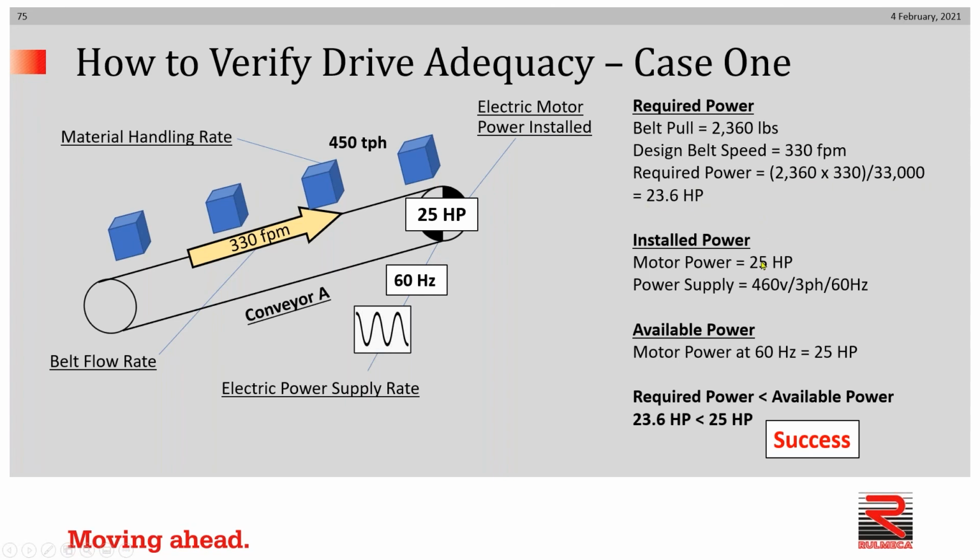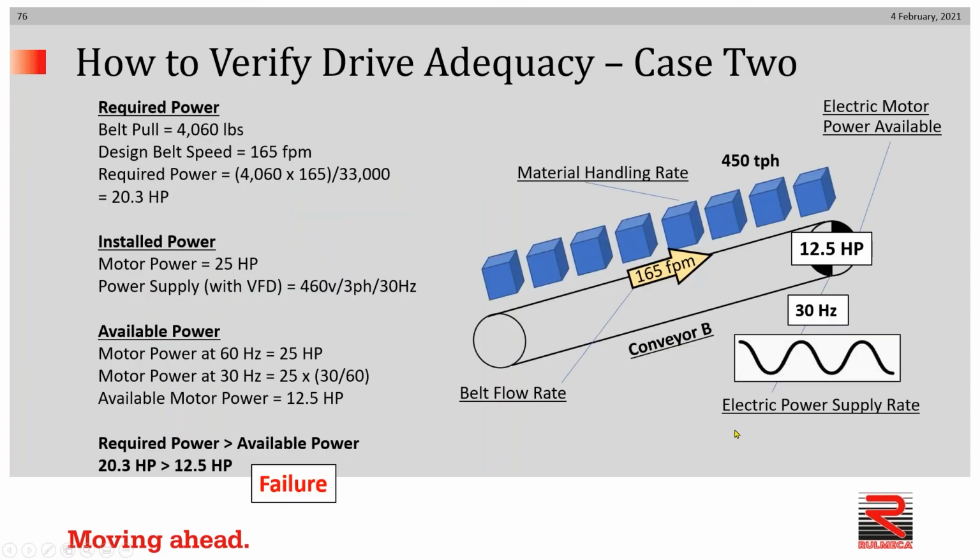If we install a 25 horsepower electric motor designed to run at 460 volt, 3-phase, 60 hertz, and we actually run it at that power supply frequency, obviously the available power is 25 horsepower, and that exceeds the required power of 23.6. This is a successful application.